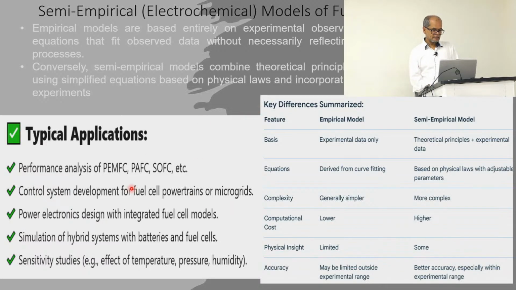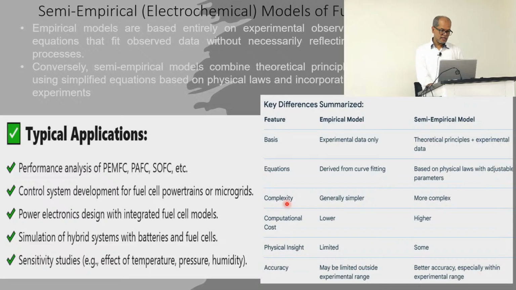So, these are some of the applications. If you want to do performance analysis of different cases, you can use this method. It is used for control systems for fuel cell powertrains, and sometimes for microgrids also. If you consider that the temperature and other parameters will not change significantly, then it is okay to use this model.